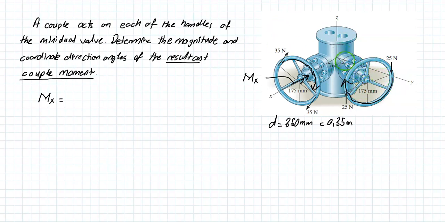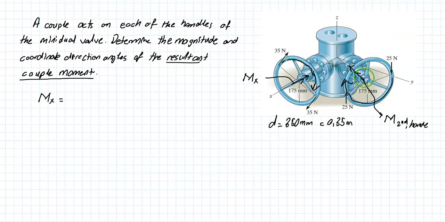Obviously we need to find the components of this force vector, but you can feel that it's also pointing towards the minus y-axis. If you like, I'm showing with two arrows the moment vector. So that is the moment caused by the second handle. Okay, so that's the first and that's the second handle.